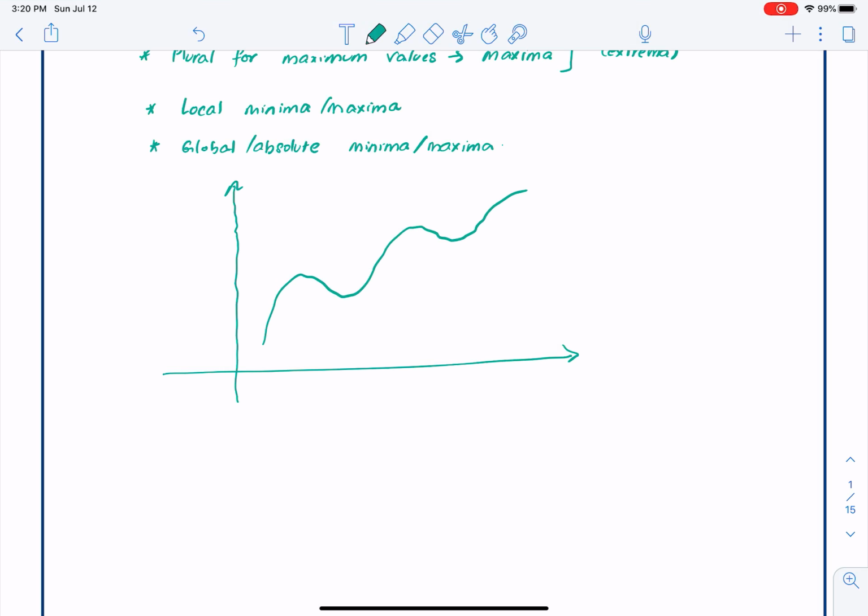Suppose I have a function of that sort, and let's say that is the domain.